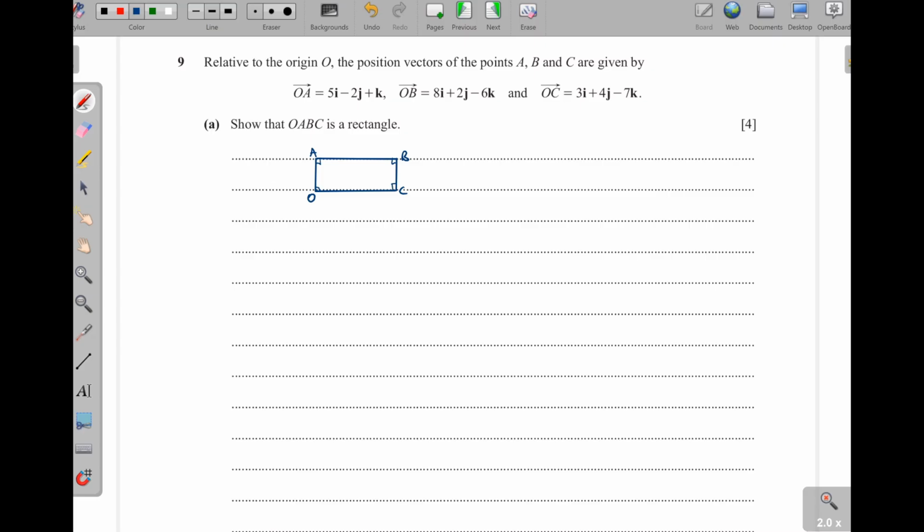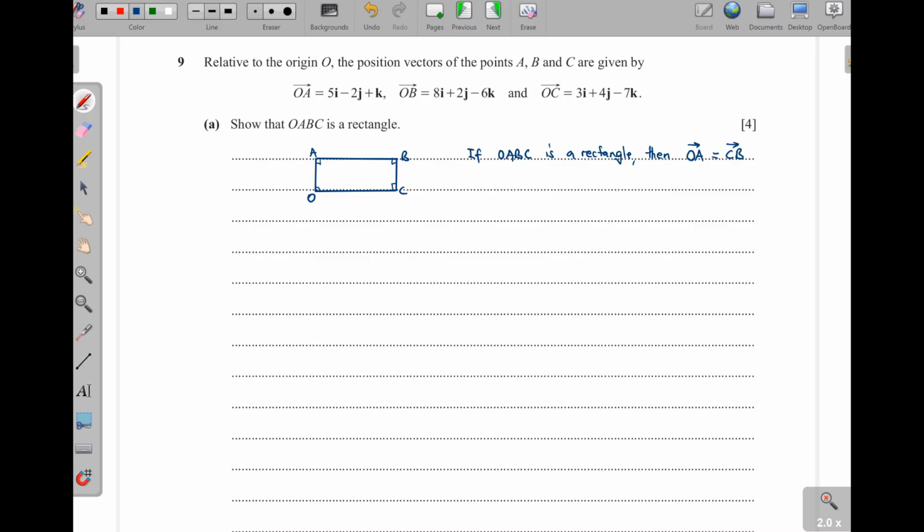Now, if OABC is a rectangle, then OA is equal to CB. OA is equal to what? CB. So in fact, let me write that if OABC is a rectangle, then this vector OA has to be equal to CB, and also the length.